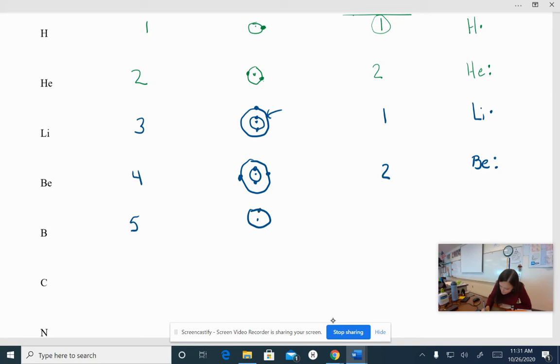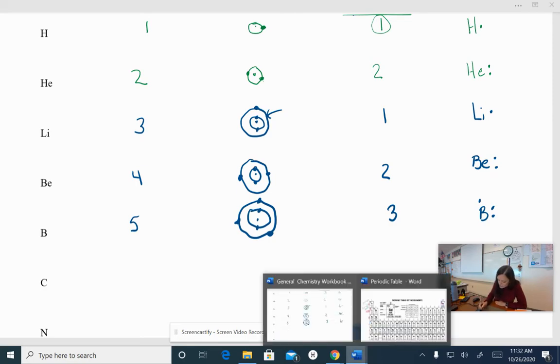That first energy level is just going to have 2, and then the second energy level is going to have 3. So I have 3 valence electrons, 3 electrons on that outermost energy level. So for boron, I'm going to show that I have 3 dots, or 3 electrons in my valence shell.